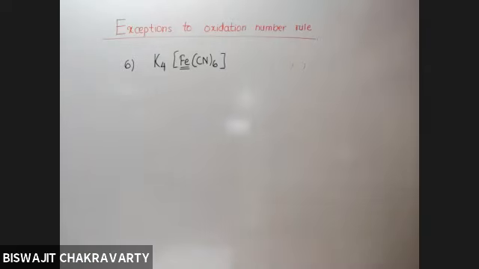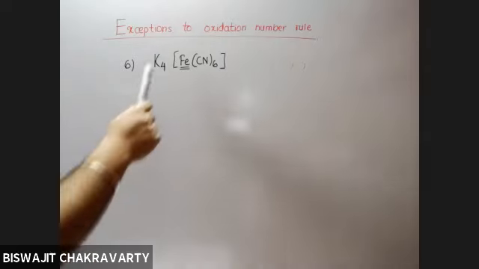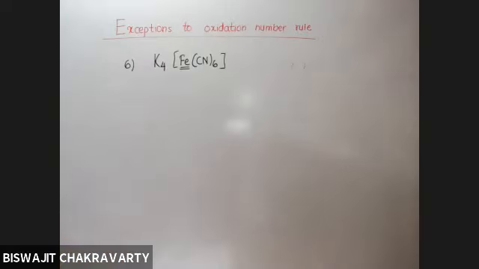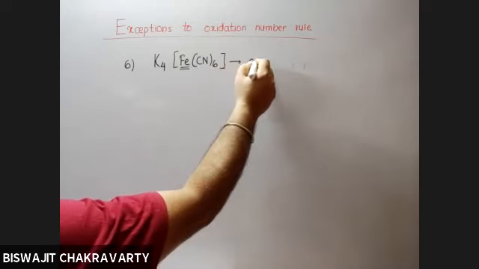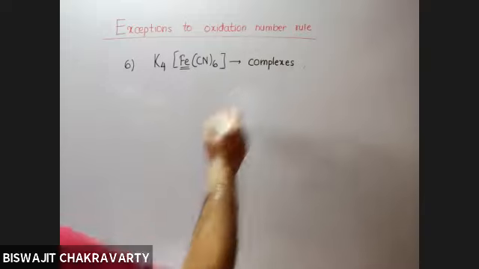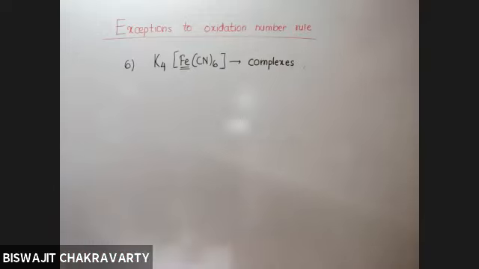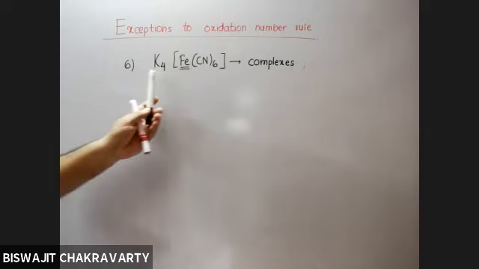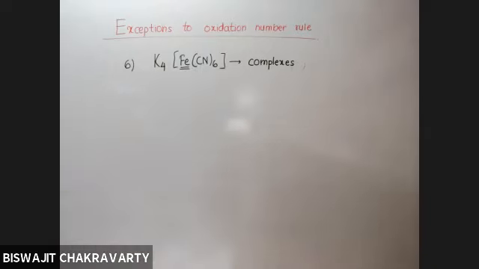Compounds in which square brackets are used are given a special name, complexes or coordination compounds, which you will study in class 12. Now, in order to get the oxidation number of iron, you must know the oxidation number of potassium, and you must know the oxidation number of carbon and nitrogen.